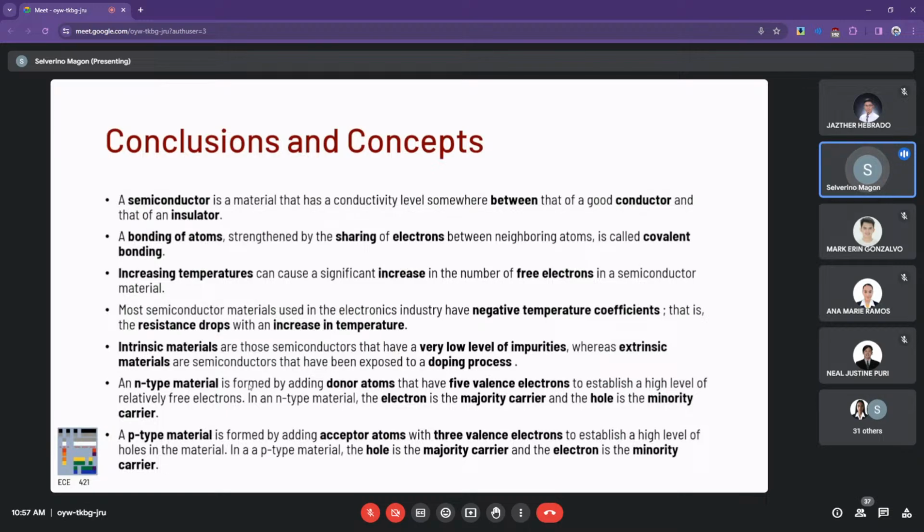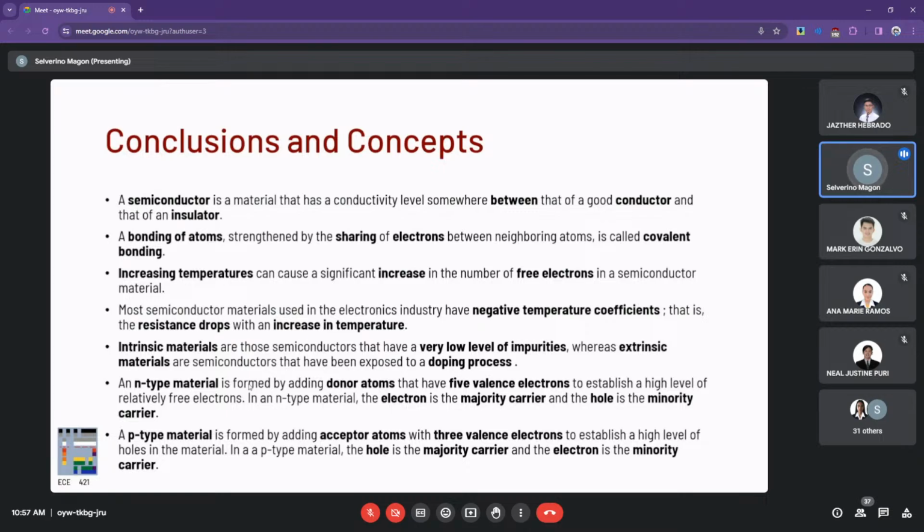After a chemical process called doping, we've altered the electrical characteristics of the semiconductors to become an N-type, which has the electron as the majority carrier, and the P-type, which has the hole as the majority carrier.